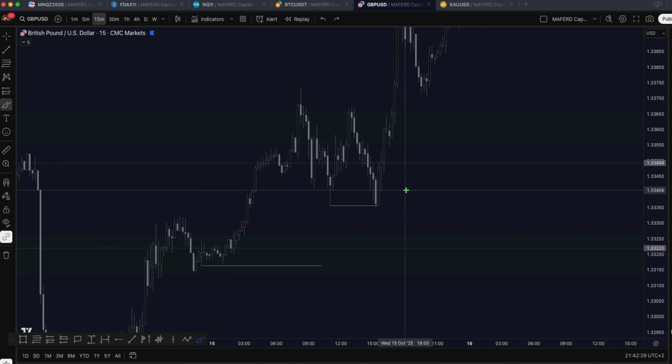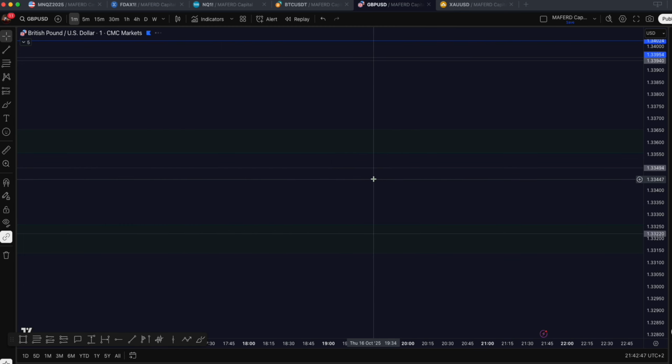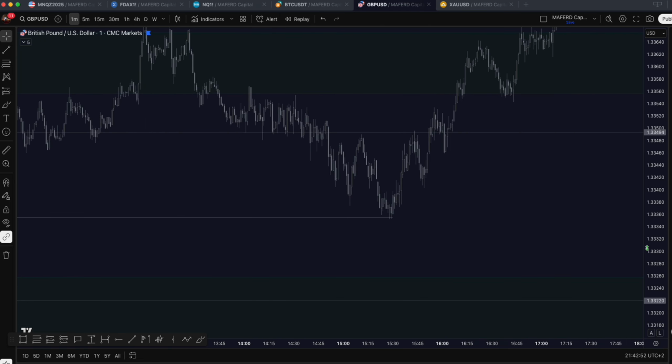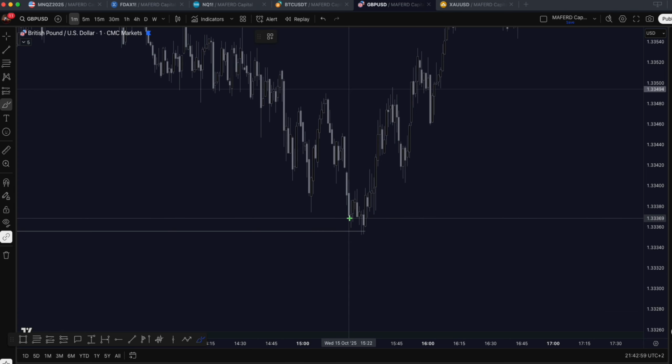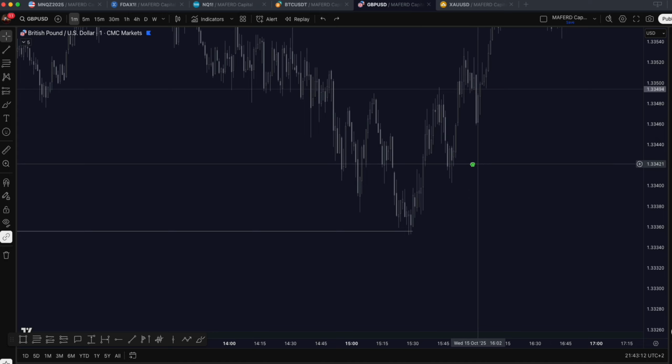I waited for a lower time frame for confirmation, which in my case I usually use either the M1 or the M3. I used to use the M3 more, but I mostly use the M1 now. And as you can see again here, just liquidation, break of structure, retest, and then boom, as simple as that. And you have multiple ways to enter here.